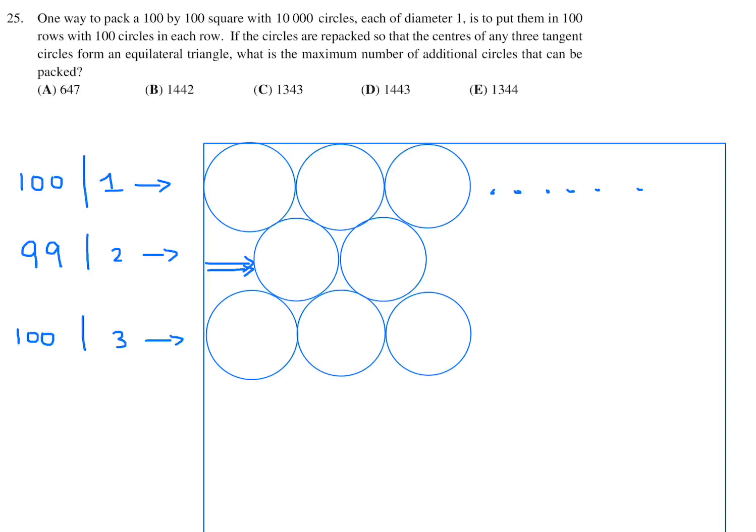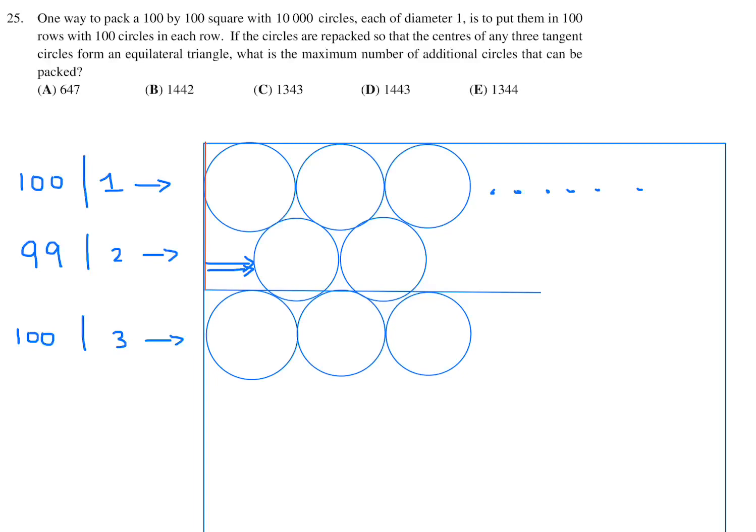So now what we have to do is draw some radii and figure out the height. So first thing I have to do is draw a line here like that, and I have to do that so I can figure out the height from here to here, from here to there.